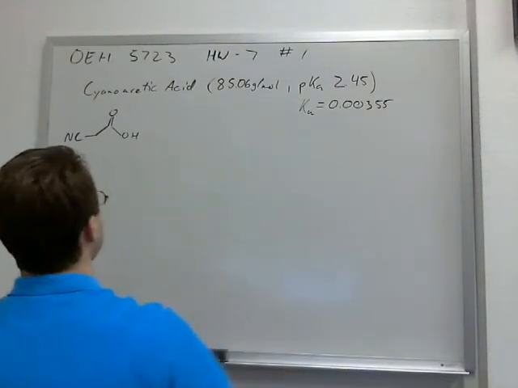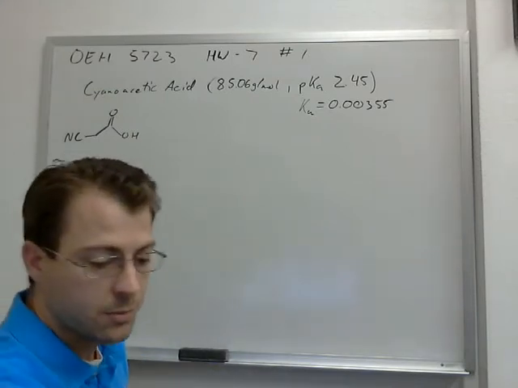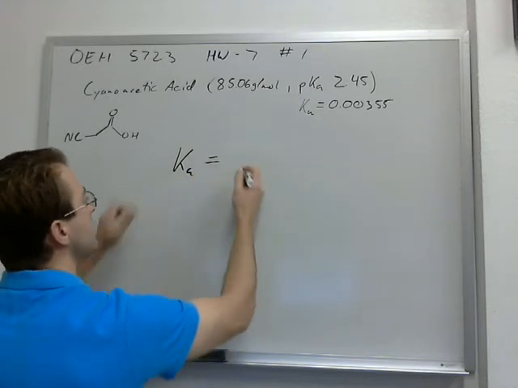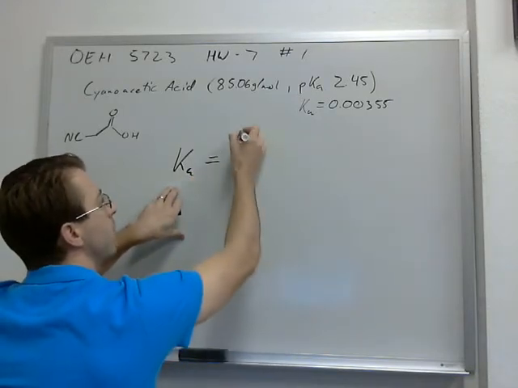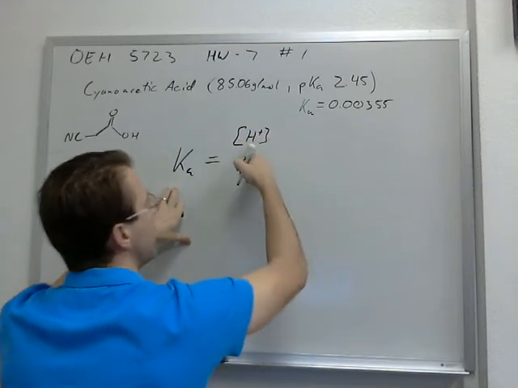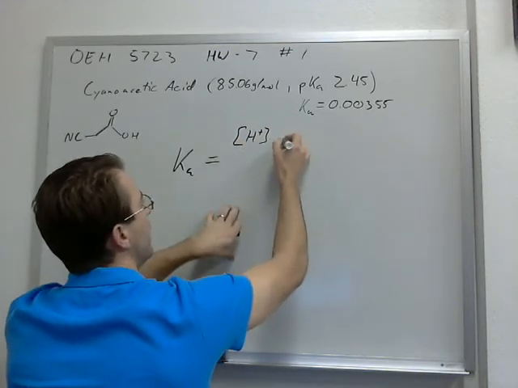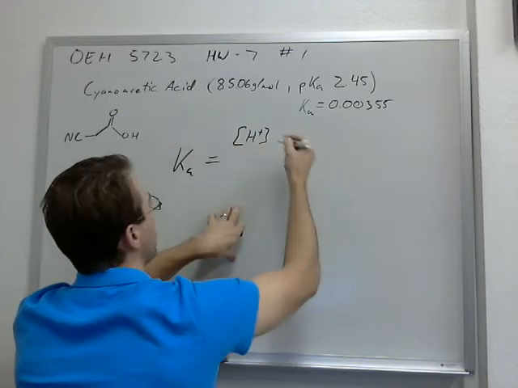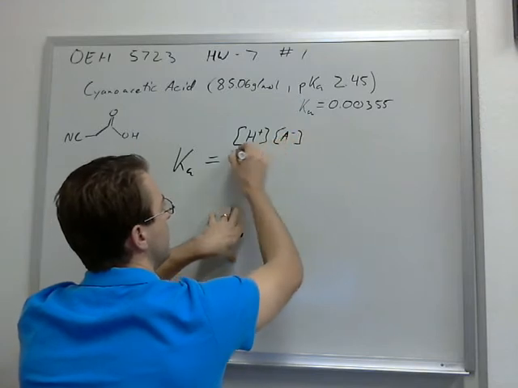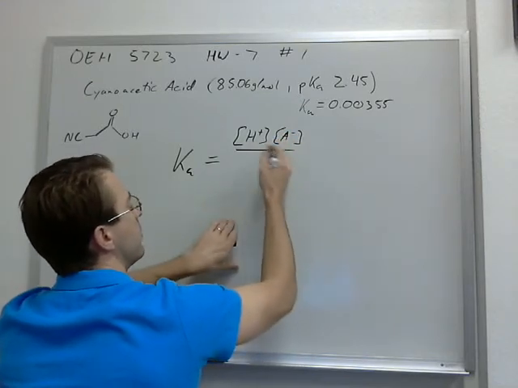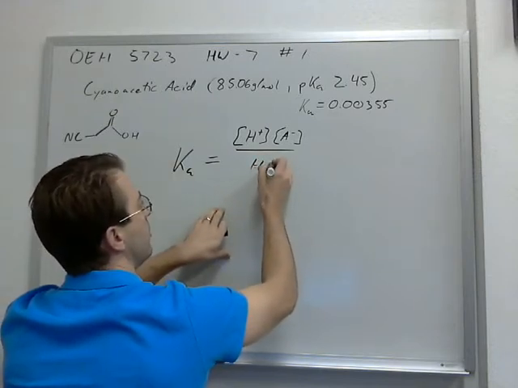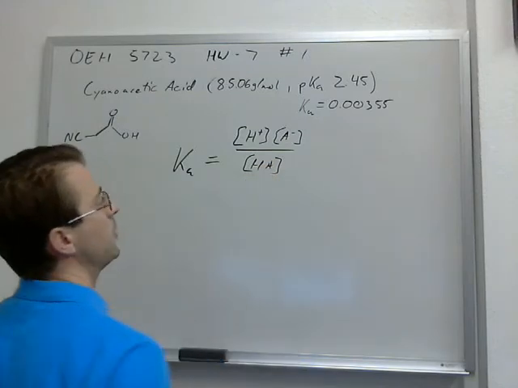And so to build up these things, our Ka is the equilibria of our products over reactants. Since this is a weak acid, our products are ionized, hydronium and cyanoacetate, which I'm just going to call A-, and then our weak acid, cyanoacetic acid, which we'll just call HA as our generic term for the weak acid.